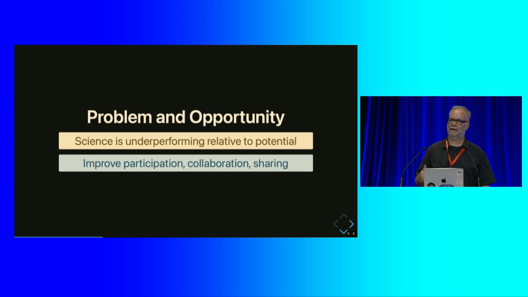So this lack of high performance at science may not seem like such a big problem because really we are producing science right now better than we were last year, but it's a bleeding head wound given the problems that we face as a globe. So we have to find ways to make science perform up to potential. And the way that we do that is by eliminating barriers to participation, eliminating barriers to collaboration, eliminating barriers to sharing of knowledge.